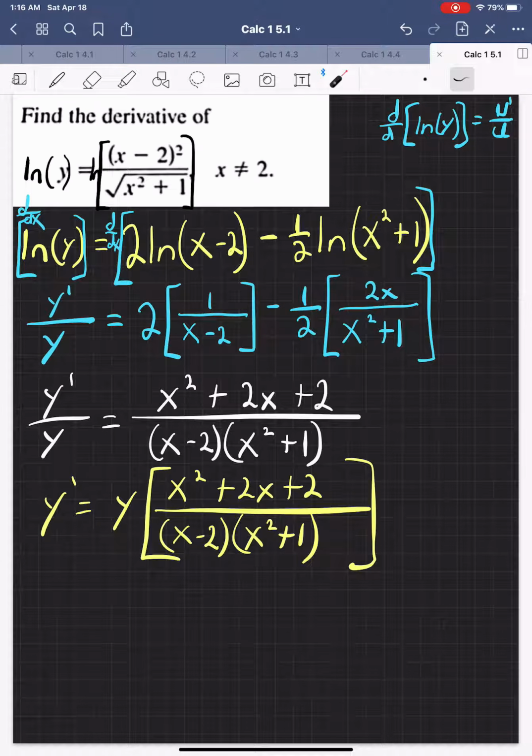All right, if you're thinking, well, wait a minute, normally we have the derivative as a function of x. This looks like it's a cheat. Well, let me give you a second to think about what you could do here. How could you get your derivative in terms of x?